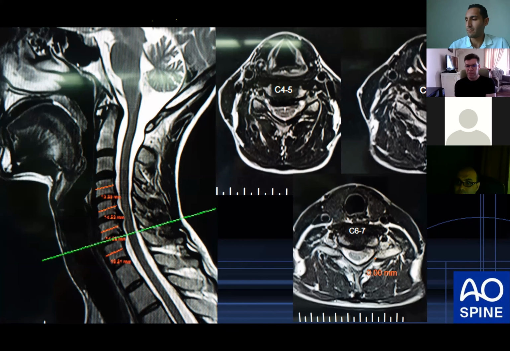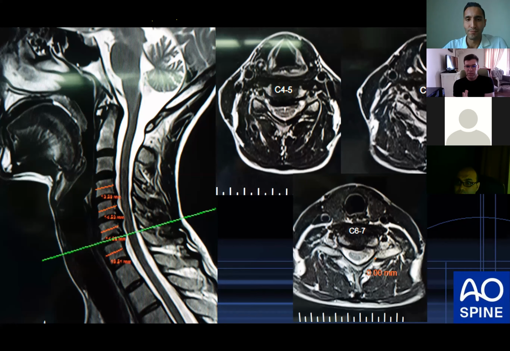If it is my case, I will not go to the extremes. I will not do 3-level fusion rather than 3-level TDR. I will tackle C5-6 as I think it's the main pathology there.